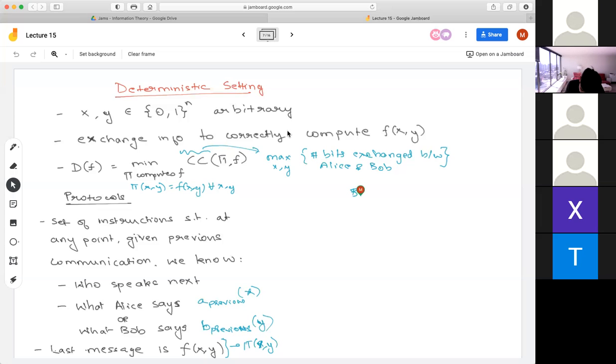A nice way of thinking about it is in terms of binary trees. We will think of every node of this binary tree as defining the content of the communication so far.